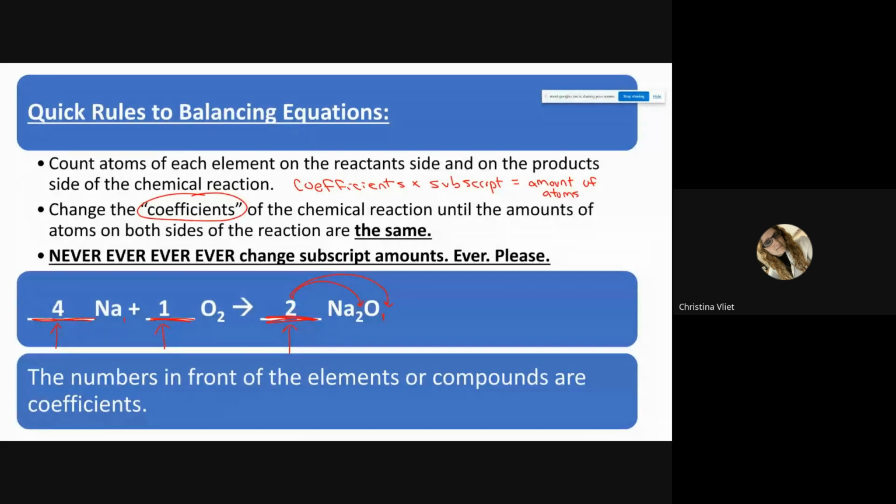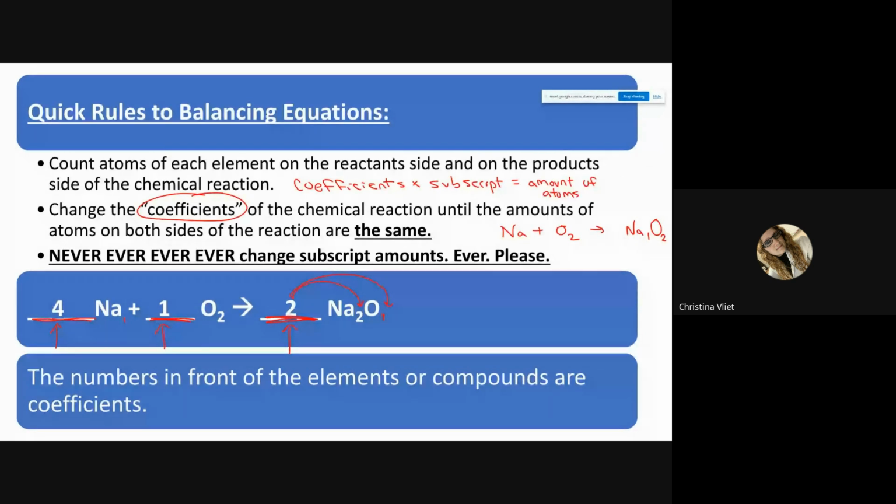So you'll notice I bolded and underlined this. Never, ever, ever change the subscripts. Meaning, don't say if you want to make Na plus O2 goes to Na2O, oh, well, sure, I could just make this 1 and 2.